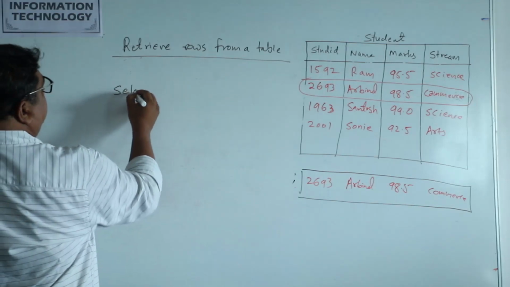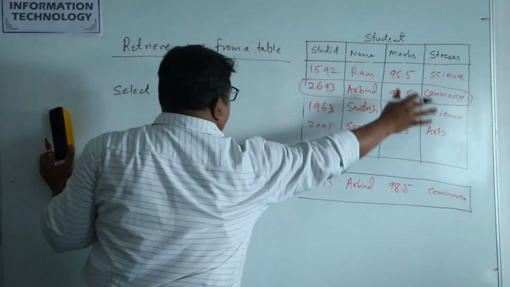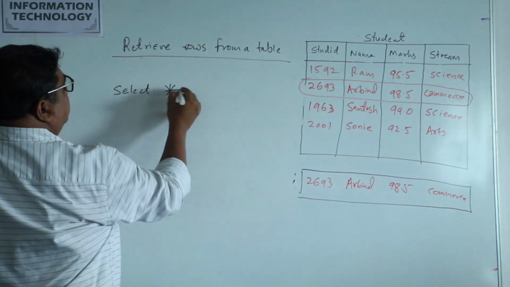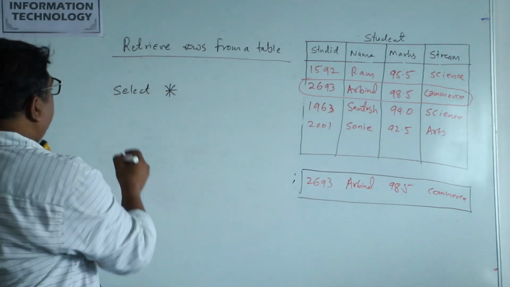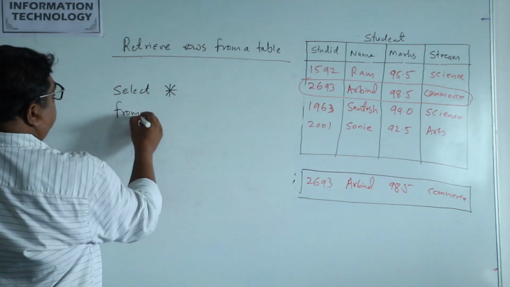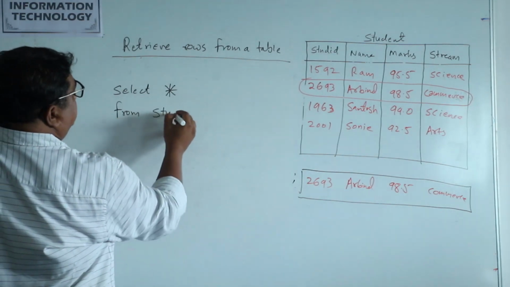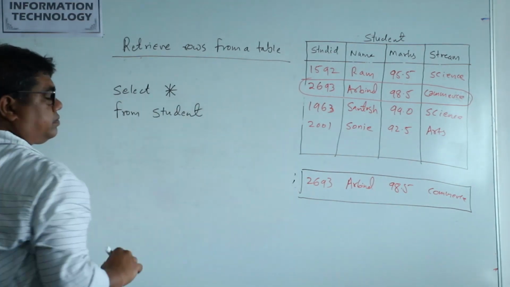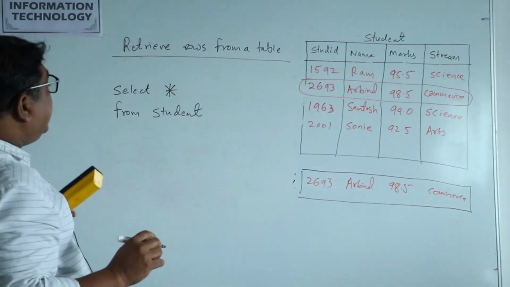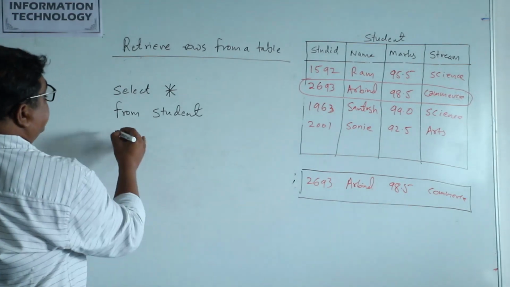So what I will do here: select all the columns, so I can replace it with star, from, what is the table name? Student. Okay, and what is the condition?